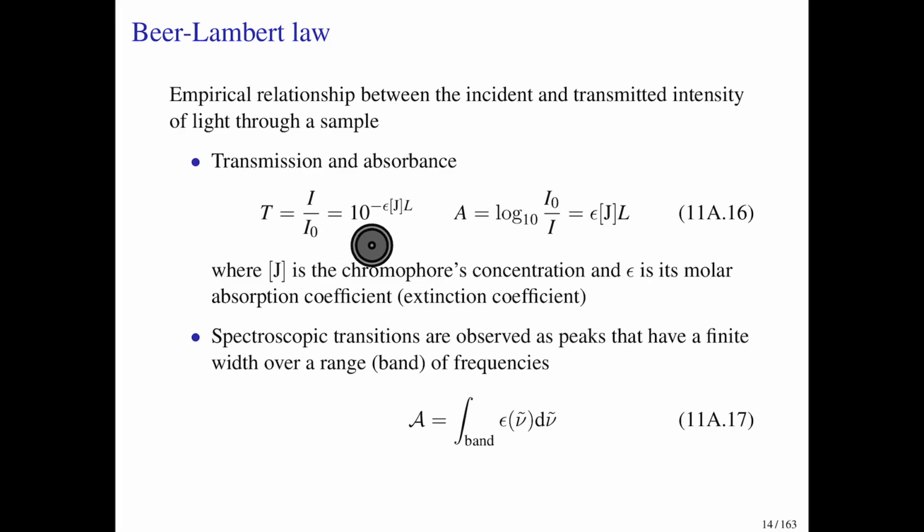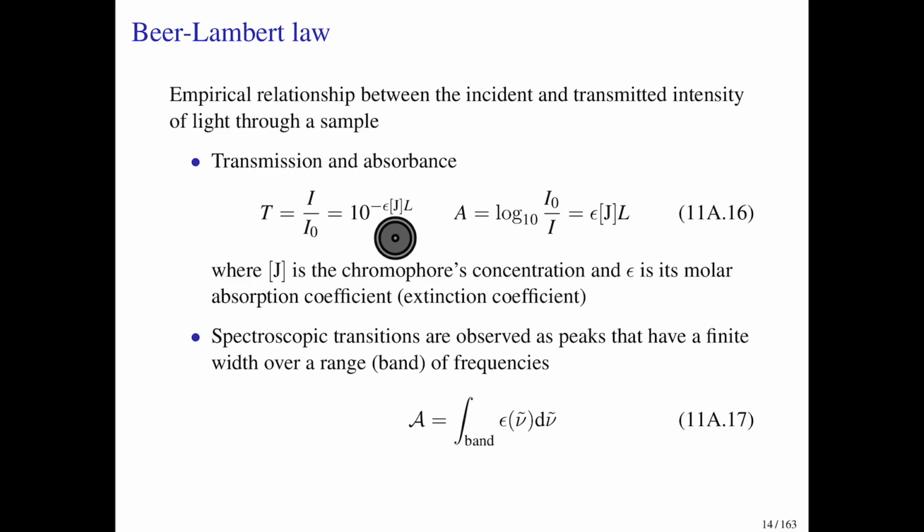And experimentally, it's shown to have this anti-logarithm dependence, 10 to the minus epsilon, where epsilon is the so-called molar absorption coefficient. In other sources, it's called the extinction coefficient. J in brackets here is the concentration of whatever absorber you have in your sample. And L is the path length through the sample.